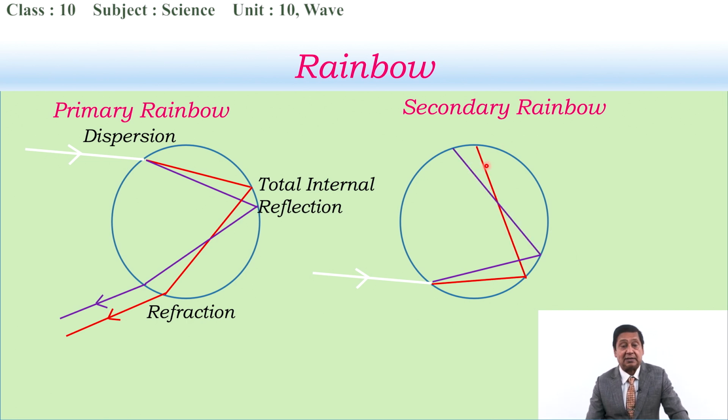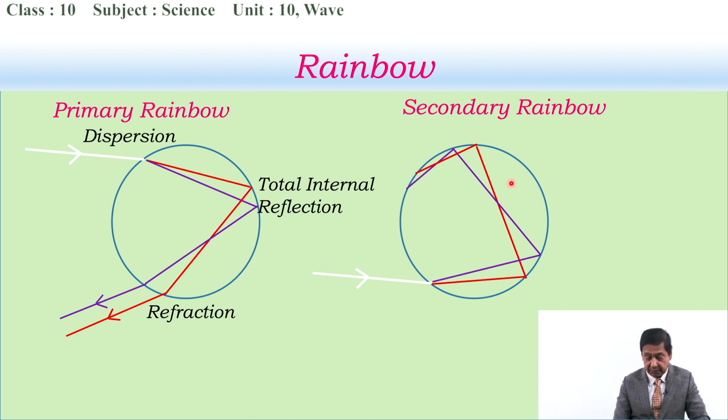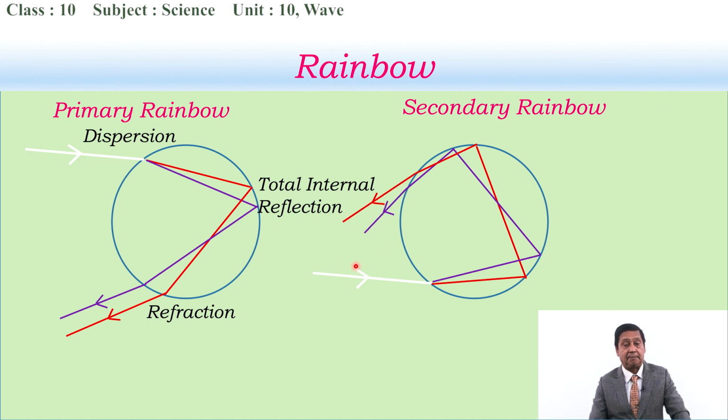Now it strikes this surface again, and here also total internal reflection takes place because this angle of incidence is greater than the critical angle. When it comes out from the droplet, it is going from denser to rarer medium. That's why it bends away from the normal, and this way it comes out.